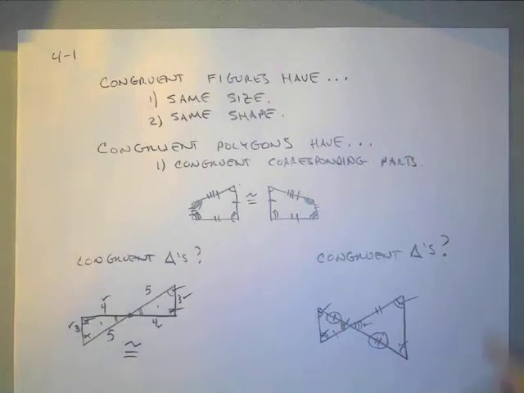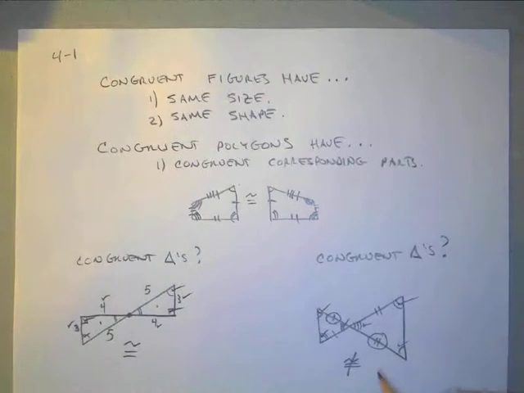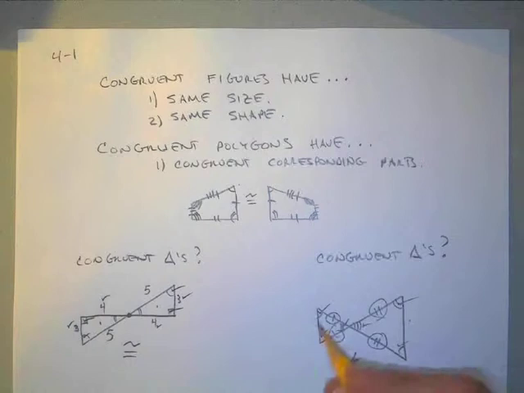So we can stop right there and say these two triangles are not congruent because all the corresponding parts are not congruent. All the angles pass, but right away we find that those two sides don't pass. And in fact, just by visually looking, that and that don't pass either. So that brings us to a theorem.